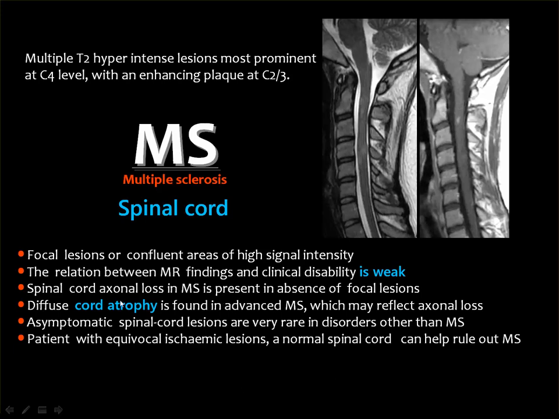One issue is that in the spinal cord, the axonal loss in MS is present in absence of focal lesions. And you got symptoms related to the cervical spinal cord while the cord is free of plaques. But these plaques are on the microscopic level. They are not seen on imaging, but can be seen on autopsy.